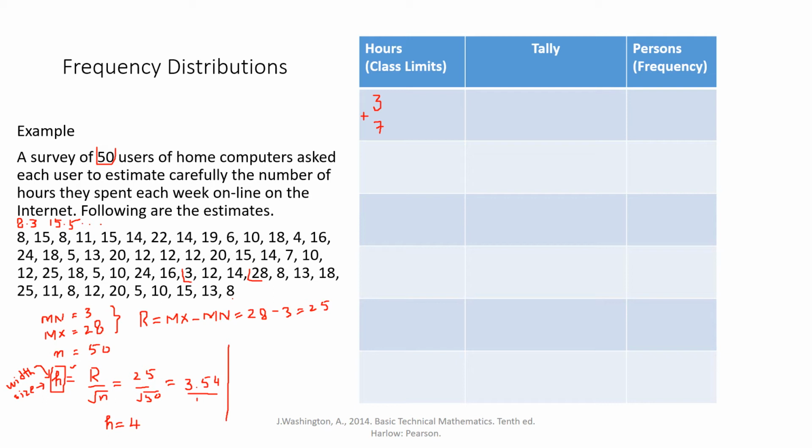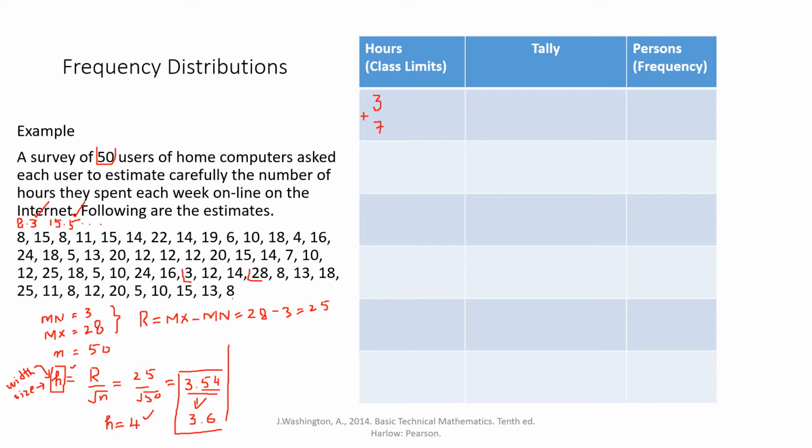Then this number will be rounded to the first decimal place, because there is one decimal place. So the next decimal value after 3.54 will be 3.6. So then here 3.6 will be added. This situation can come in homework or in assignments, so learn it.